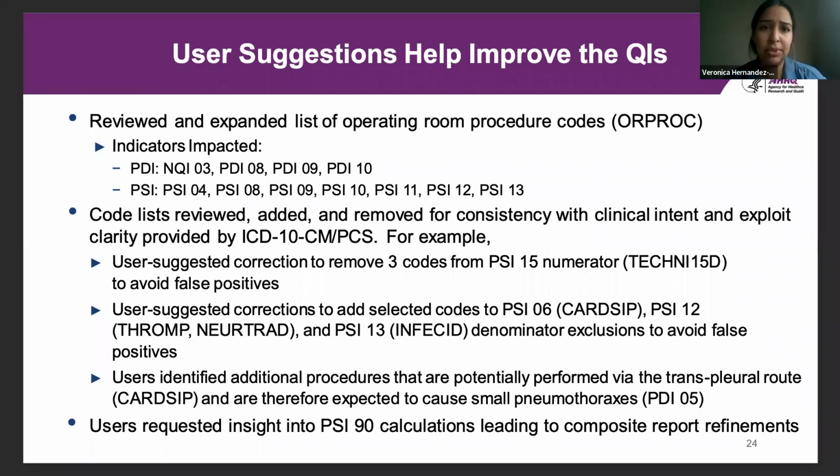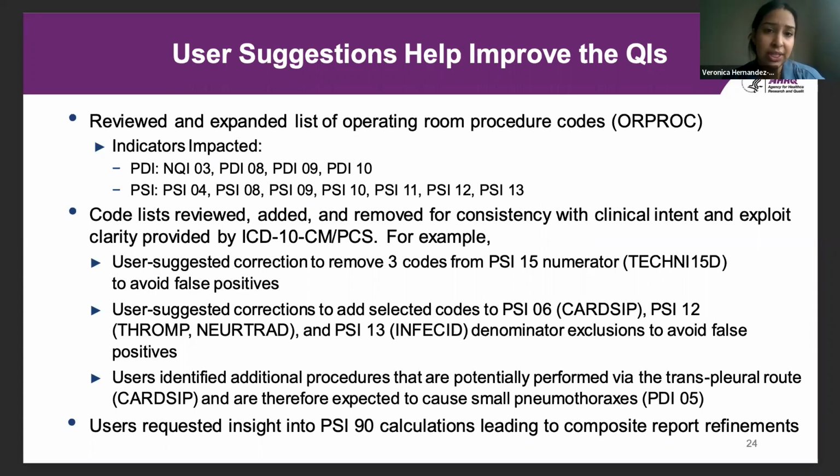For example, many users have suggested we remove certain codes that were previously used to identify accidental punctures and lacerations during an abdominal pelvic procedure. And this was to avoid any false numerator positives in PSI 15.